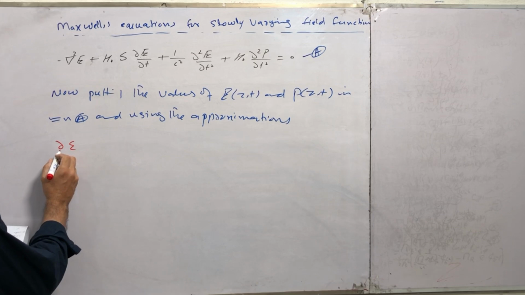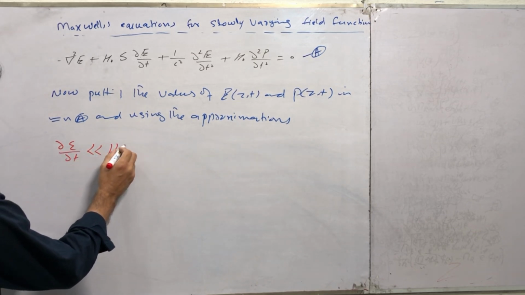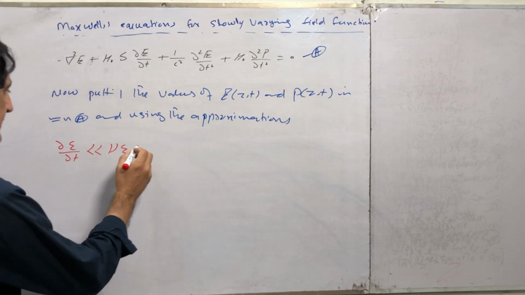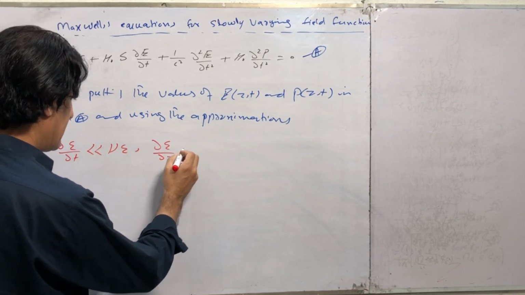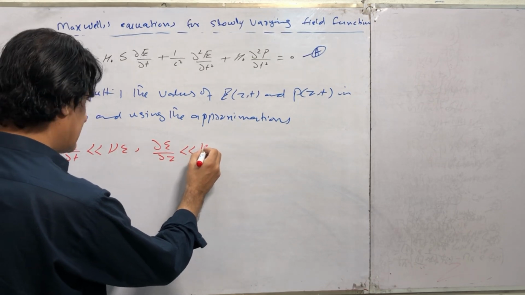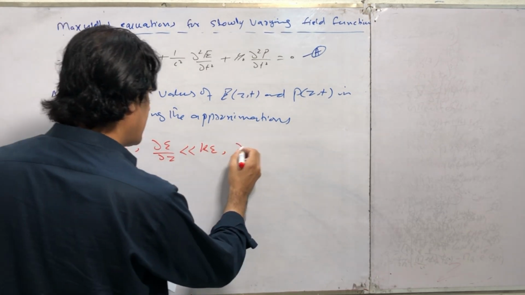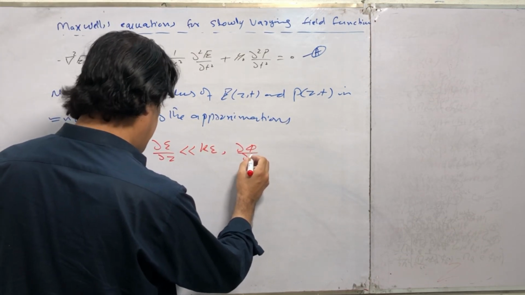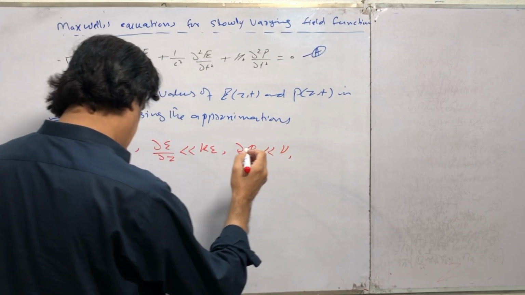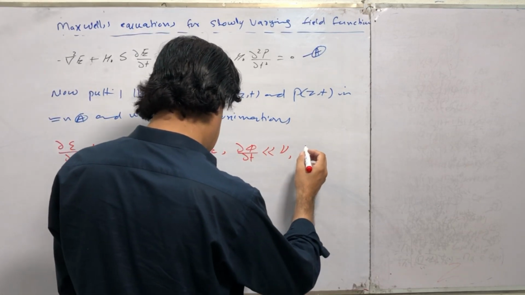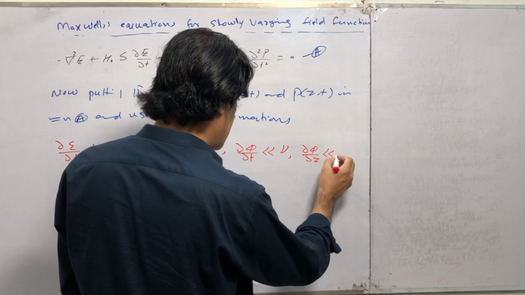Using these approximations, partial E divided by partial t is very much less than nu E. Partial E divided by partial z is very much less than kE. Partial phi divided by partial t is very, very much less than nu, and partial phi divided by partial z is very, very much less than k.